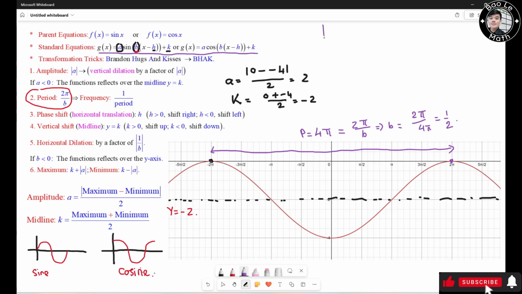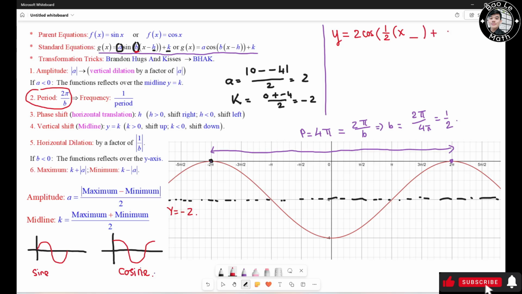Now if I need to write the cosine function, it's going to be y equals 2 cosine of 1/2 times x. A equals 2, and B equals 1/2. Now I need to leave a blank right here for the phase shift.